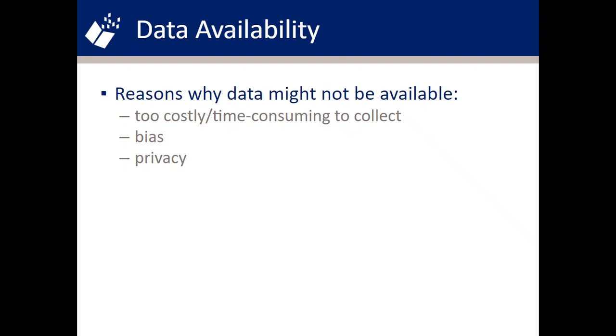Microdata, for instance, is often carefully de-identified to protect personal privacy. This does not just mean that a person's name is removed from the data, but that any data that could potentially be put together to identify them is removed as well. It is very important from an ethical standpoint to protect people's privacy. However, that often means that data from smaller populations or smaller geographic areas is harder to find, because individuals might be easier to identify.